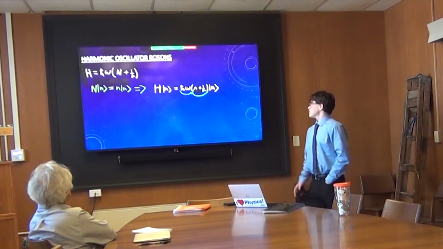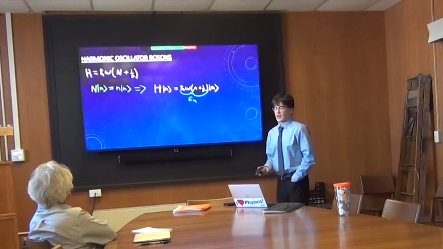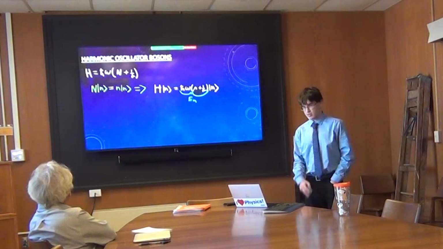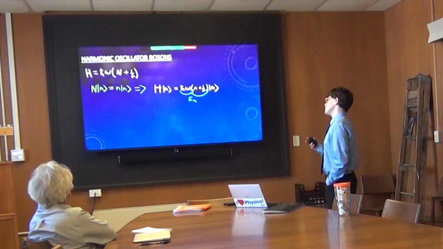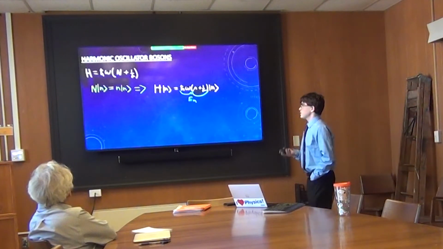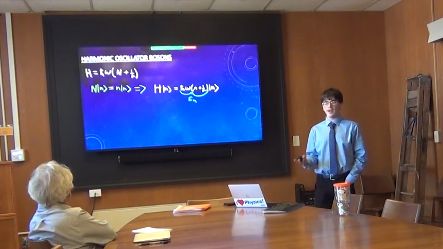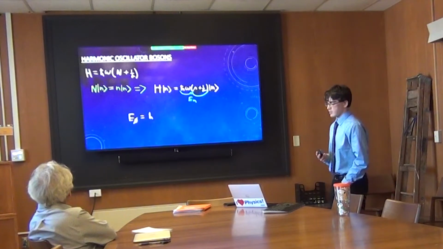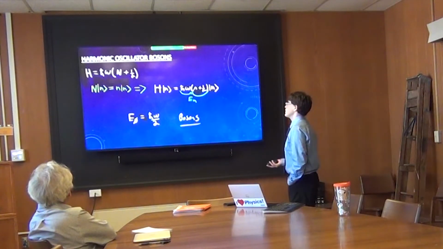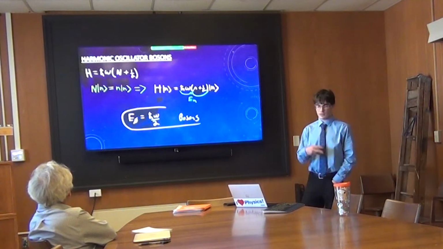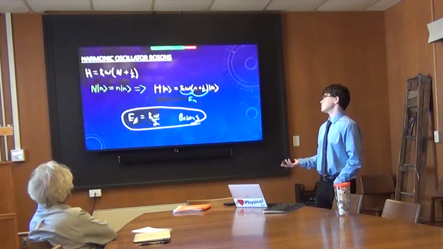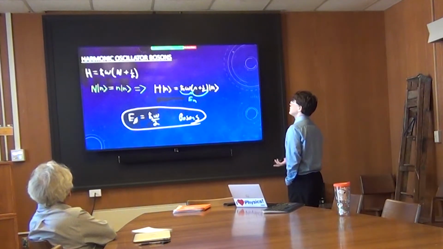Well, this now gives us the eigenenergies of our harmonic oscillator for a boson, and particularly if we want the ground state, we just say that's when n equals 0, and we get h bar omega over 2 as the ground state energy contribution from a boson.